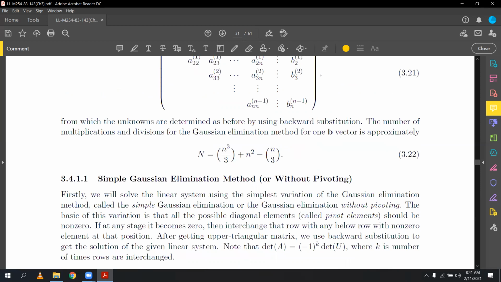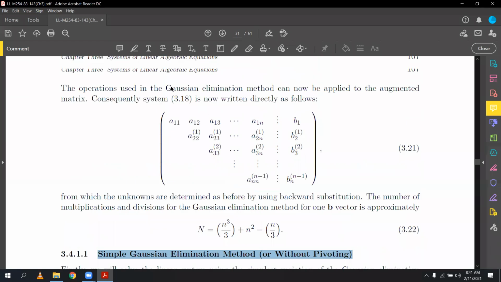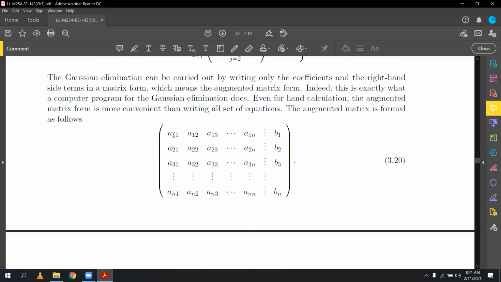First one is called the simple Gauss elimination method, or Gauss elimination without pivoting. Now, remember that one here. What do we have to check in the Gauss elimination method? A very simple rule. We check in the original system, like this is the original system.